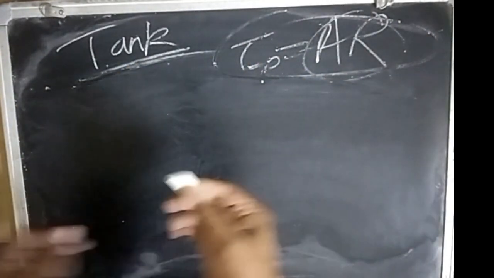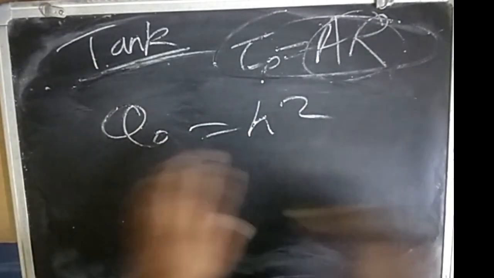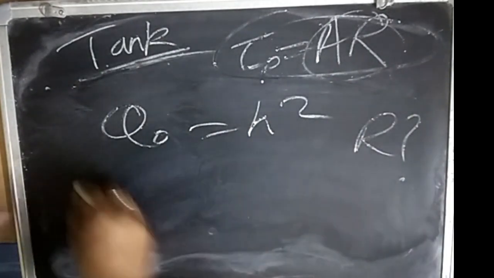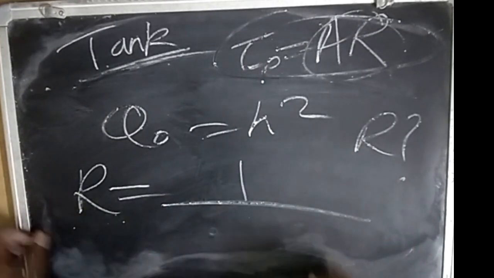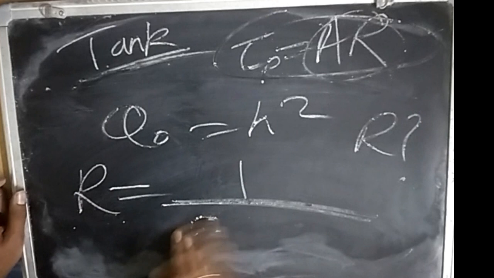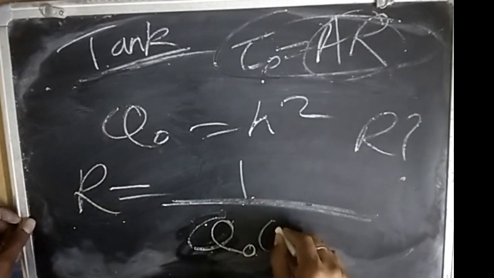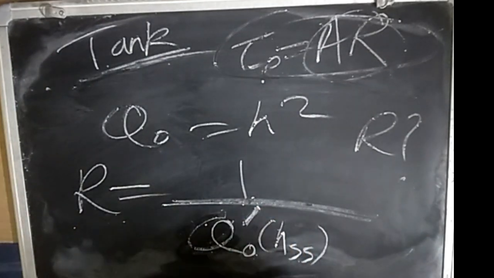Now what happens if qo is not h by R? Let's say qo is h squared, so how would you find this R? R is not here, but then you can find an equivalent R by this very special equation. R is equal to 1 divided by the derivative of f, that is qo. This qo is a function of h, but we will put hss and take the derivative of this.